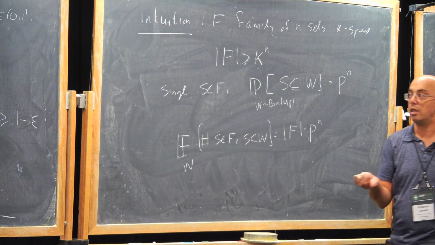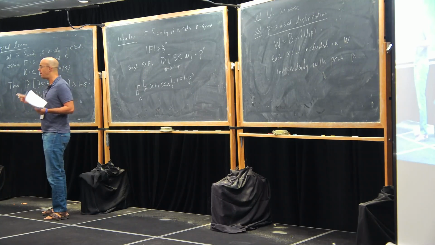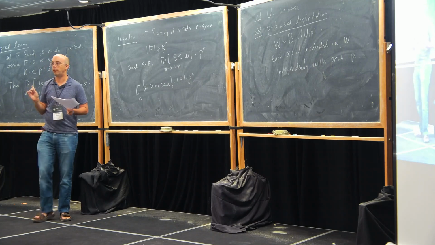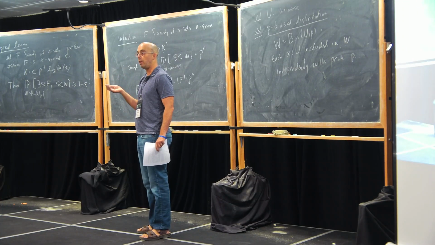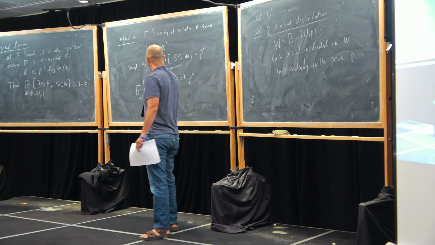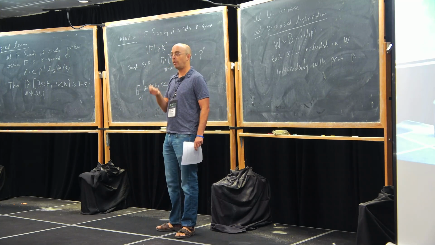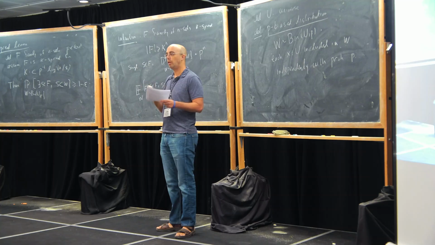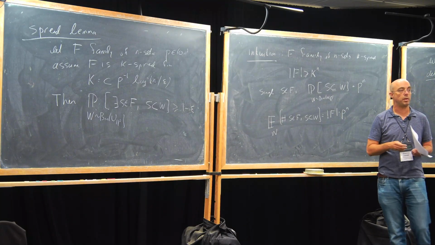Otherwise, there's no chance. And you see, K scales like 1 over p, so we're fine. We have this extra log factor that we'll see later why we need. And really what this tells us is that for this random-looking K-spread family, with K chosen slightly more than 1 over p, not only is the expectation large, but with high probability one of these events is going to happen. So they are somewhat uncorrelated with each other. That's the main benefit we get from that.